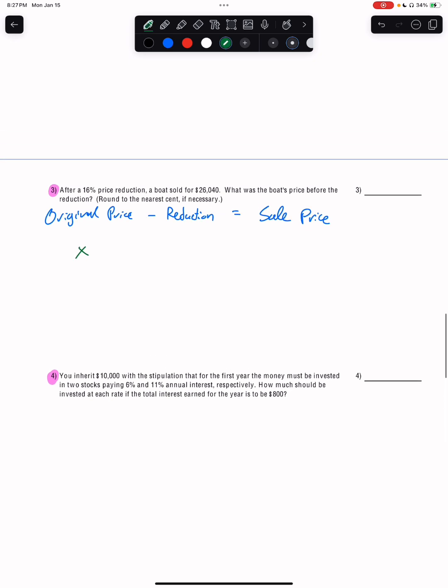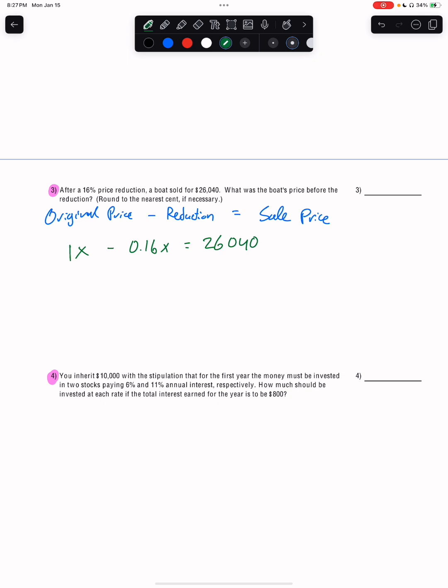The reduction is 16%, so turning that into a decimal, we'll have 0.16x. And then we're also given the sale price. We'll just simplify these two like terms right here.